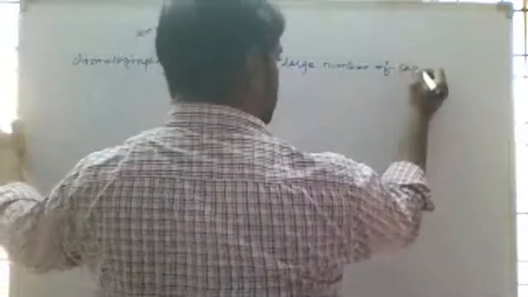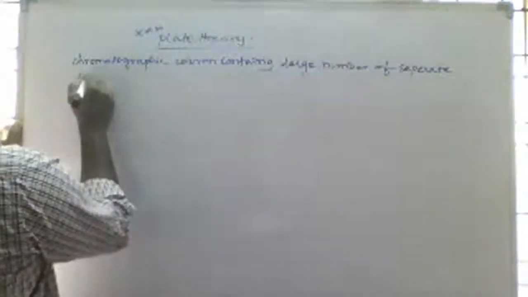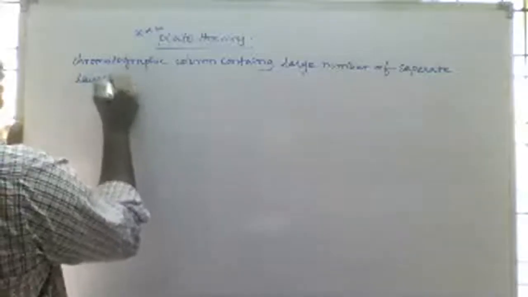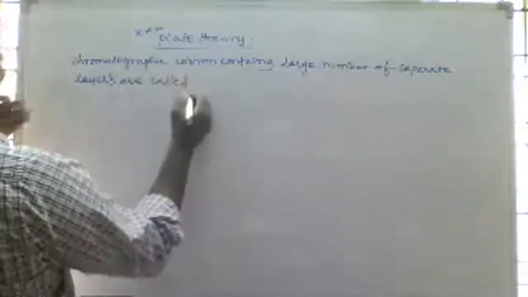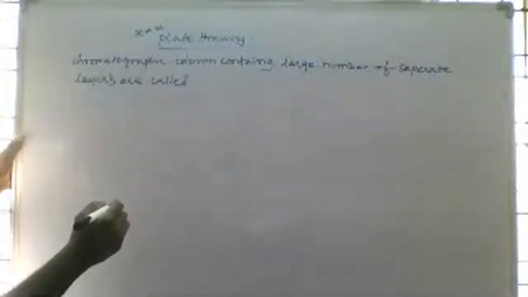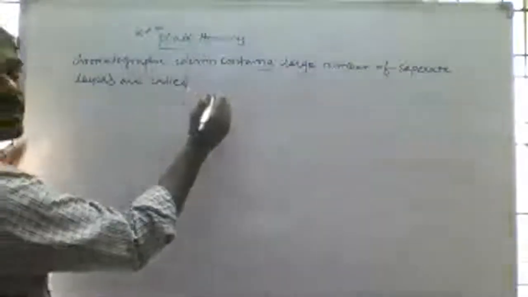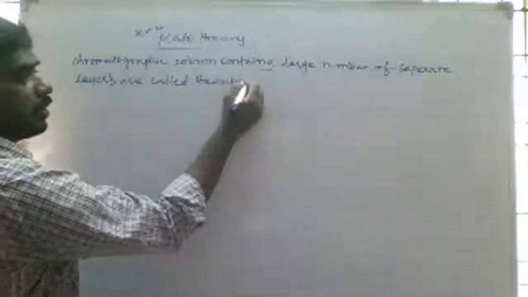These separate layers are called theoretical plates.